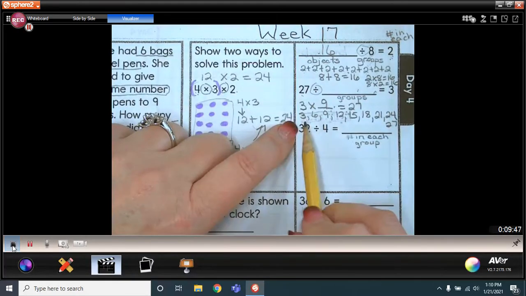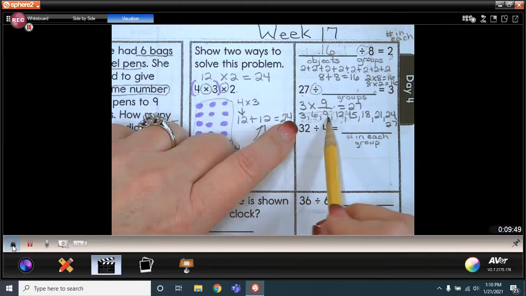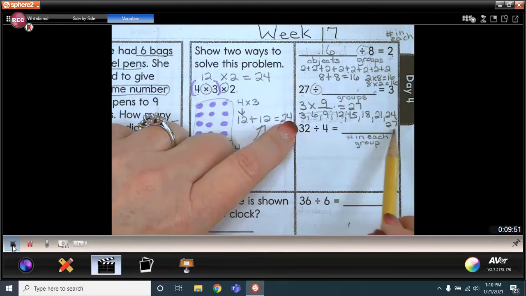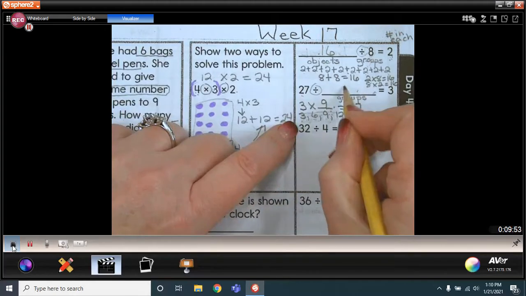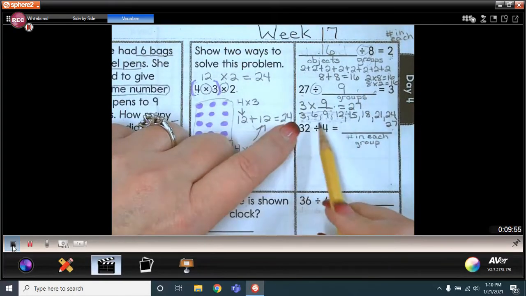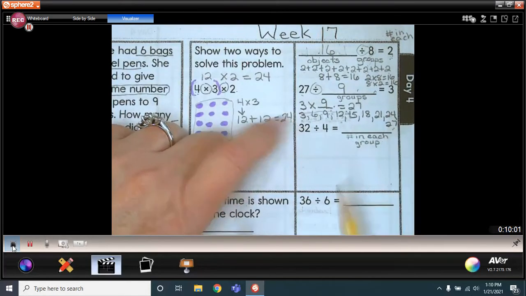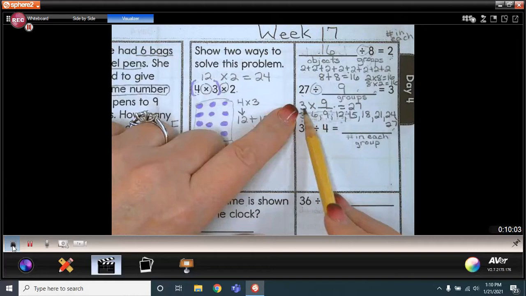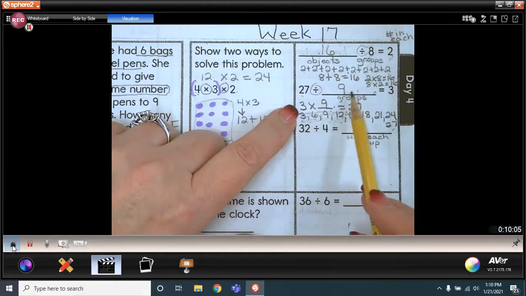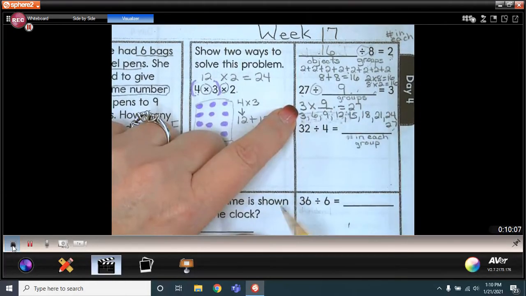Well, I counted 3, 1, 2, 3, 4, 5, 6, 7, 8, and 9. So again, you could put it into 3 equal groups, or you could count by 3s and find out how many groups of 3. But again, you should be able to use your multiplication understanding to help you find a missing part in your division.